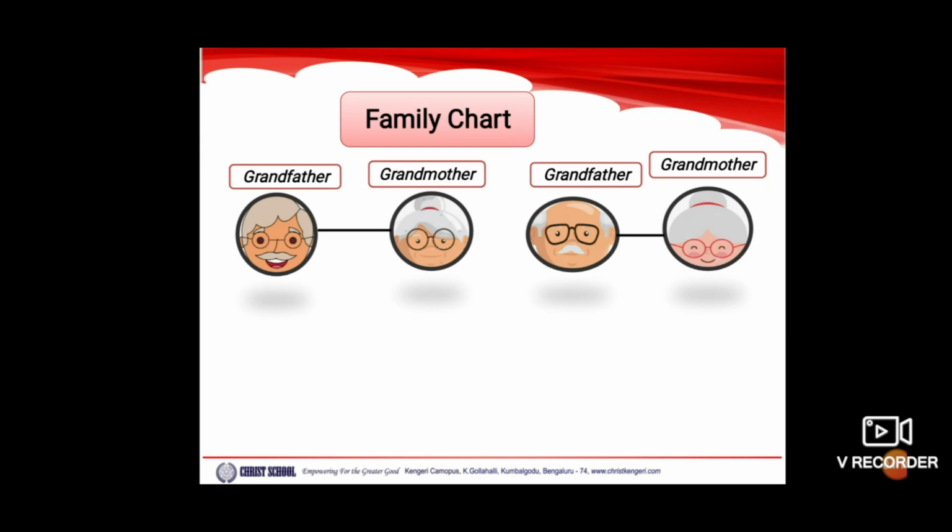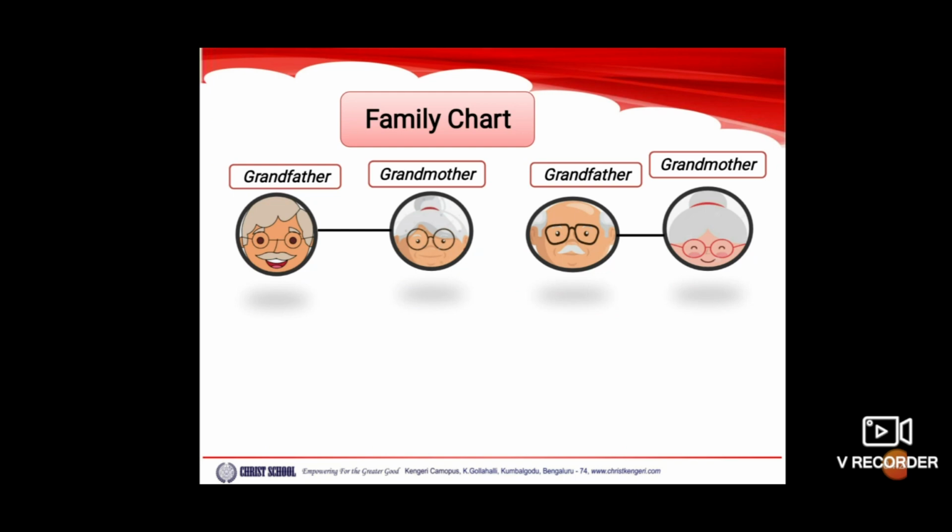Well, the family chart can also be drawn in a particular way. Not only the way you saw in the tree, it can also be drawn without a tree. Again, here the very first members of the family will be your grandparents. One will be your maternal grandparents, that is the parents of your mother, and the other will be paternal grandparents, that is nothing but the parents of your father.